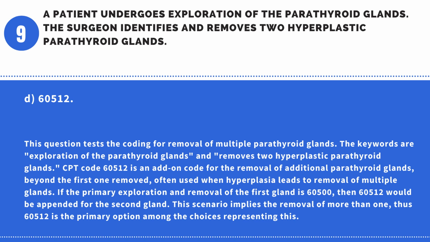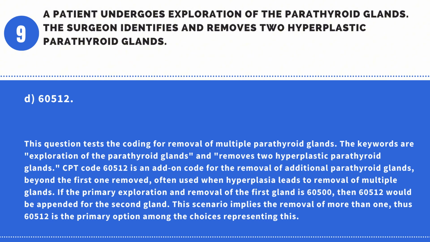60512. This question tests the coding for removal of multiple parathyroid glands. The keywords are exploration of the parathyroid glands and removes two hyperplastic parathyroid glands. CPT code 60512 is an add-on code for the removal of additional parathyroid glands, beyond the first one removed, often used when hyperplasia leads to removal of multiple glands.